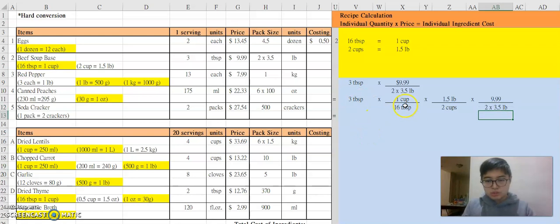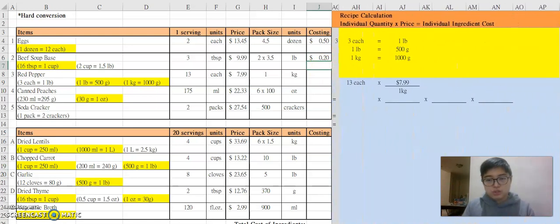You can find that all can be crossed out, and the rest is the cost. So the answer is 0.20. The equation is 3 times 1 divided by 16 times 1.5 divided by 2 times 9.99 divided by open bracket 2 times 3.5 close bracket, and this one is 0.2.